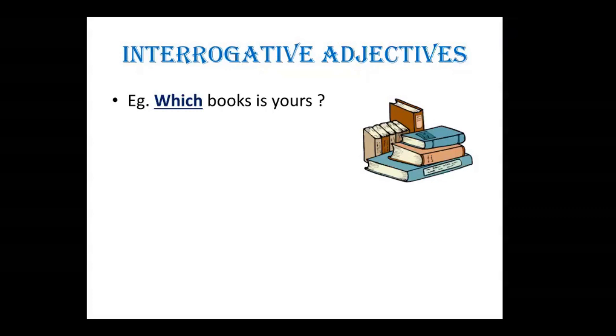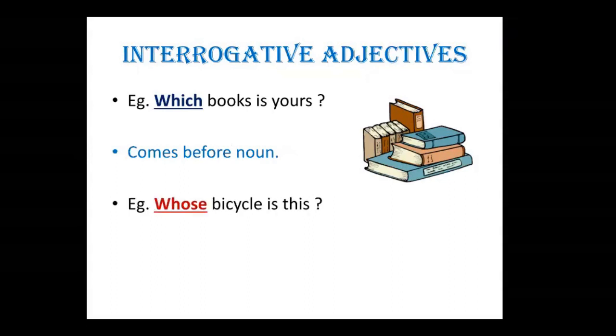Which book is yours? So here the word which, starting with WH, is an interrogative adjective. It generally comes before a noun and it is always in the question form. Interrogative adjectives are always in the question form.